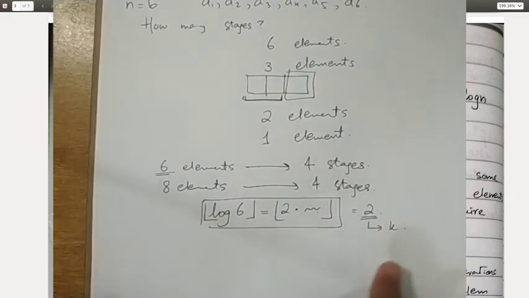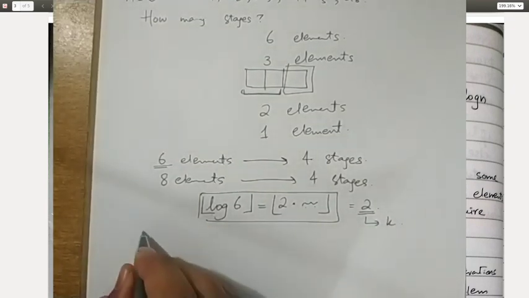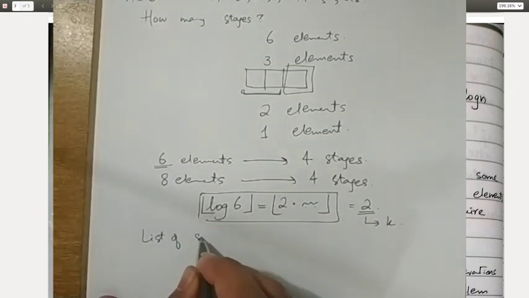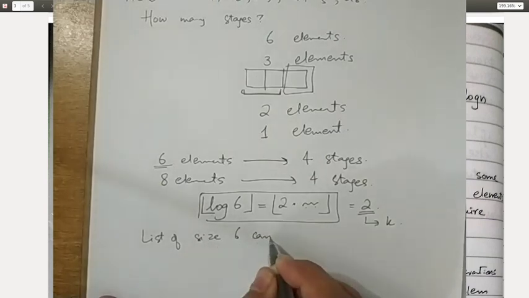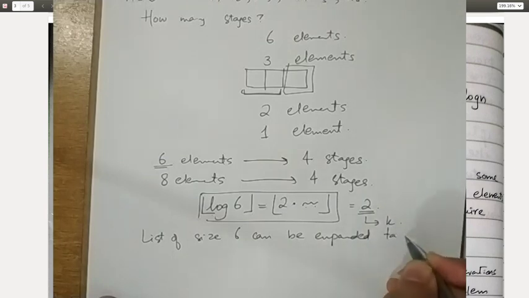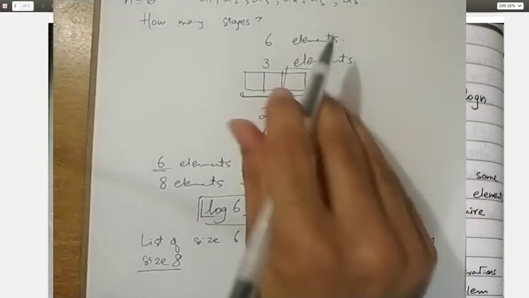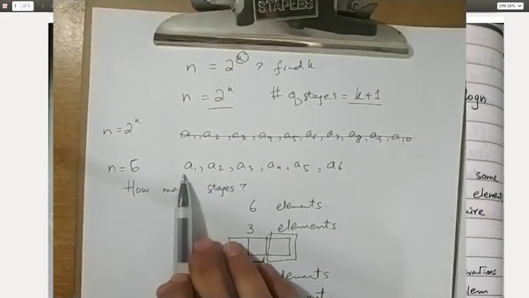And now instead of using k elements, think of a list. A list of size 6 can be expanded to a list of size 8. Let's suppose I had these 6 elements.